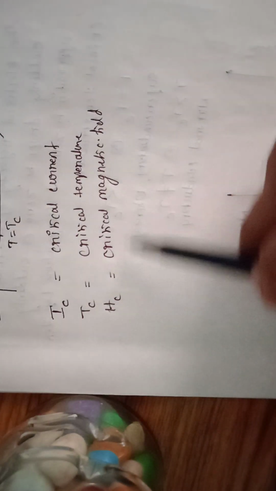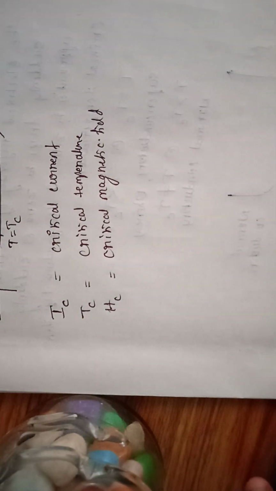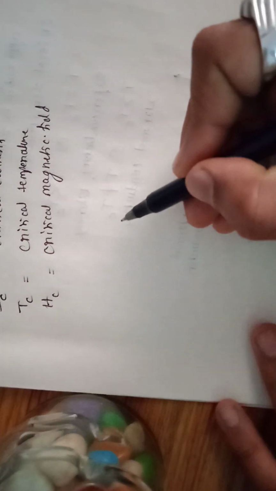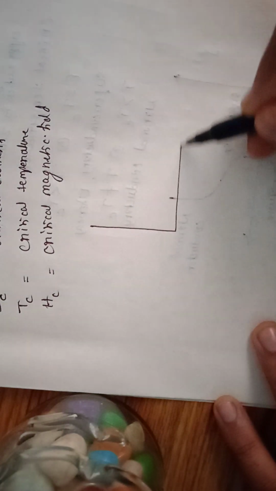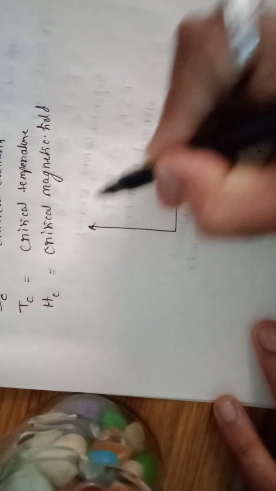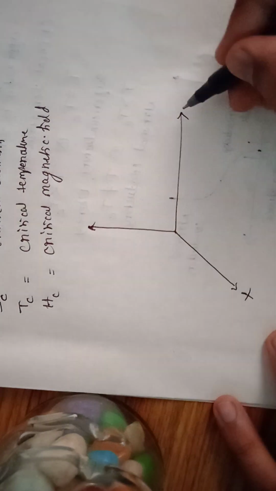To briefly describe these terms, consider a superconducting material. I make these aspects in a three-dimensional case, x, y, z. This is x, this is y, this is z.